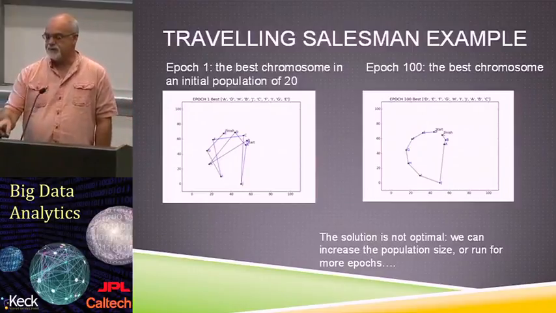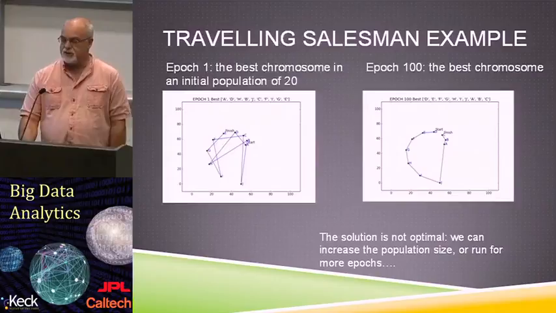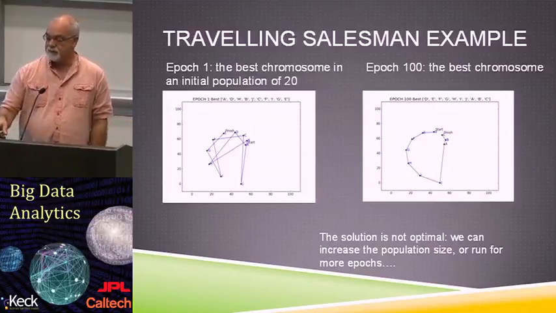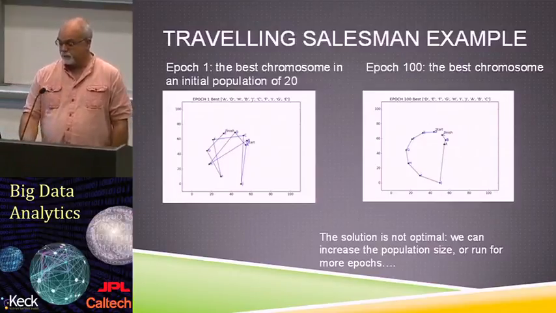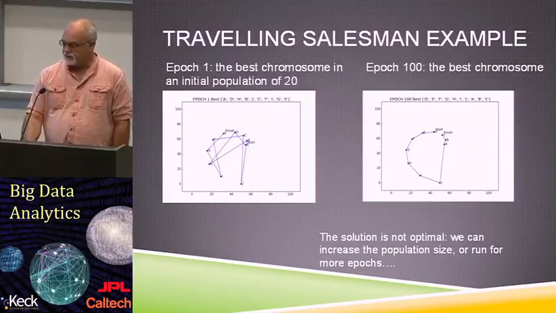In this slide we've got a diagram of the best chromosome in an initial population of 20 chromosomes. These are 20 chromosomes which are generated completely at random. In this particular population, the best chromosome is showing a really rather silly path through the cities.